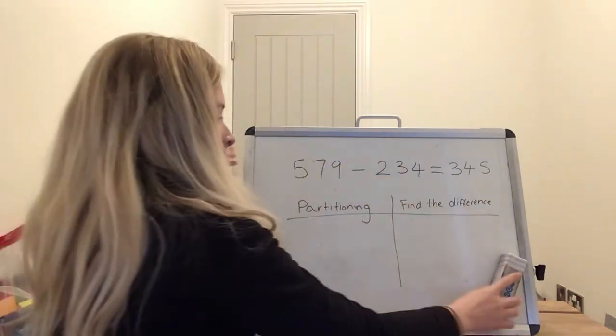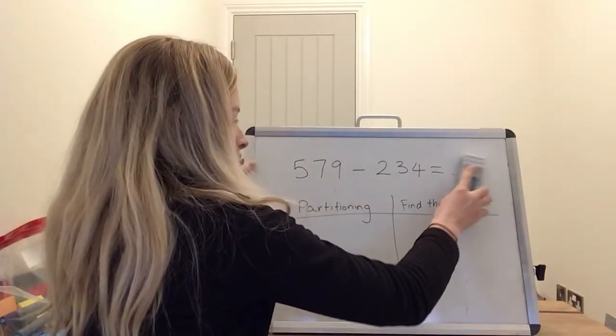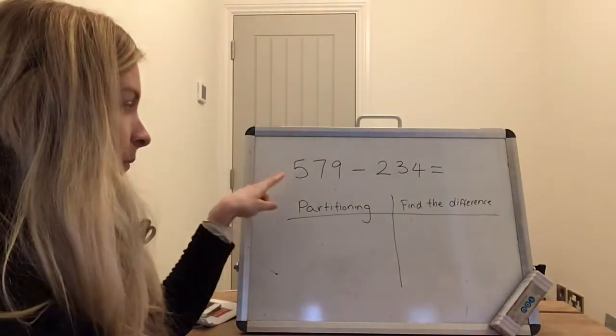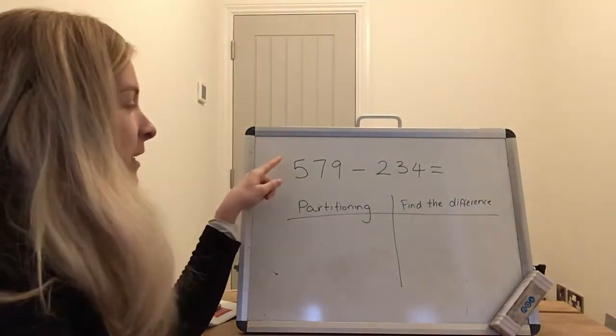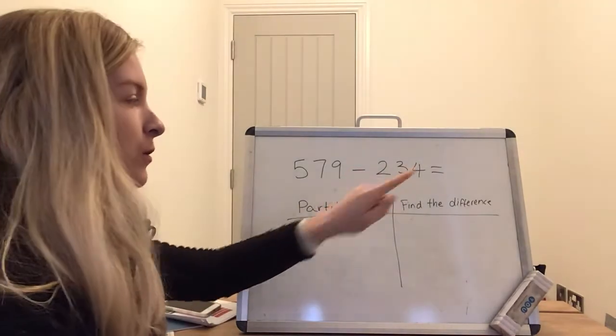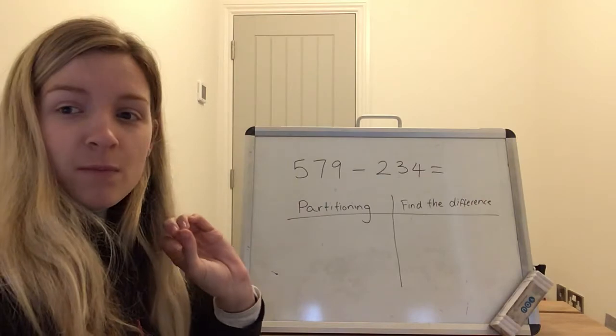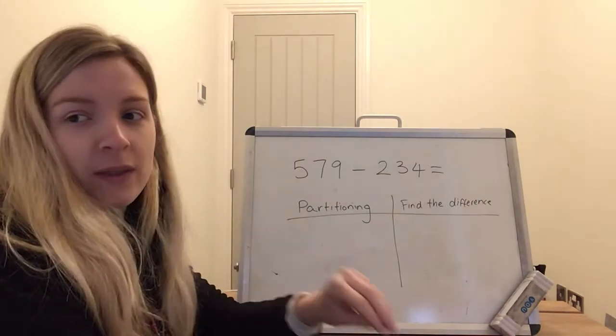It will look like this. You'll see this question, a question like this, 579 take away 234. And you need to decide which is the best, most efficient way of doing this sum.